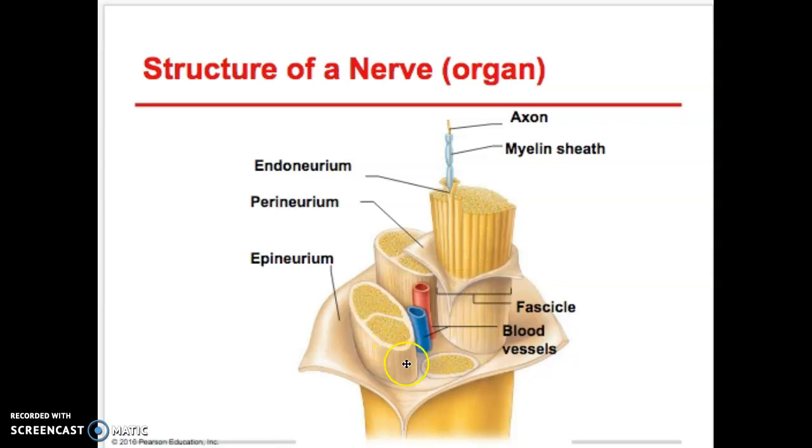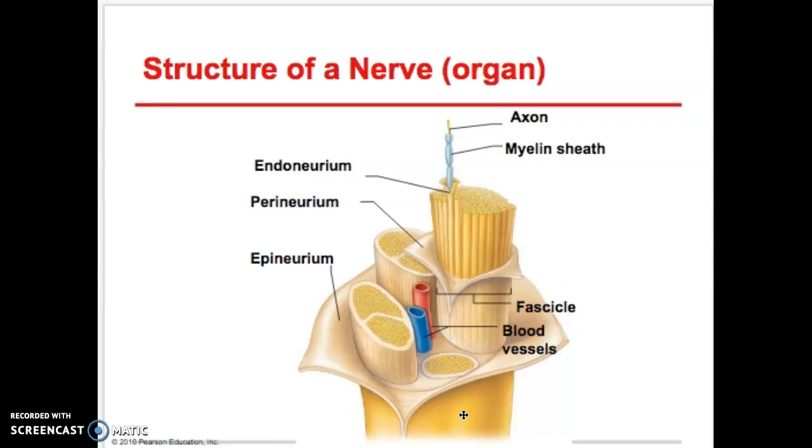And so we have the fascicles, and we have blood vessels traveling together down this nerve. And all the fascicles are bundled together, and they have their own connective tissue holding the nerve together, and that's called the epineurium. So epi is covering or over, right? So the epineurium is the connective tissue that covers or goes over the nerve.